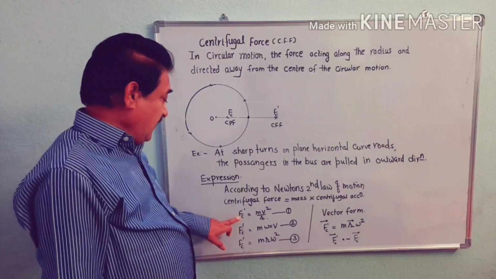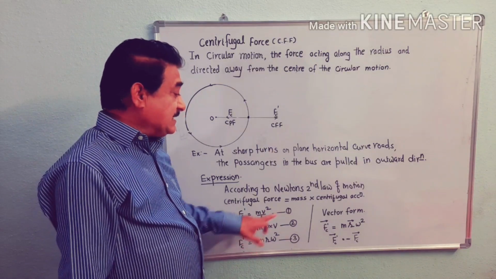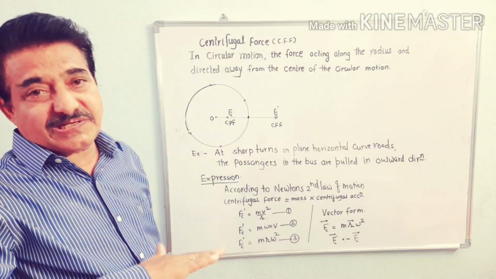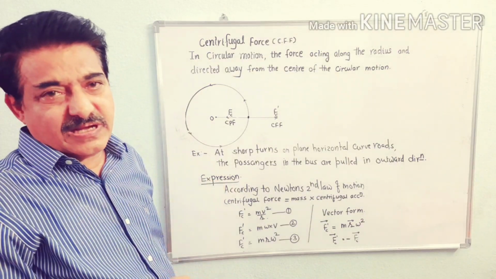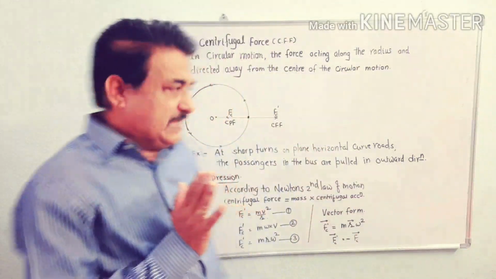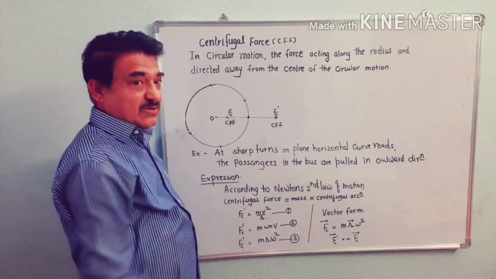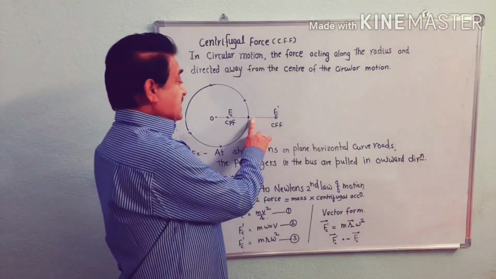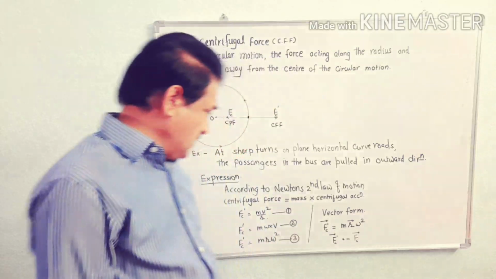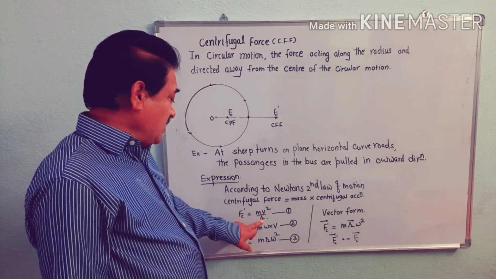So here Fc dash is equal to m v square by r, where v square by r is the centrifugal acceleration, because centripetal acceleration and centrifugal acceleration are equal in magnitude and opposite in direction. Centripetal acceleration is directed toward the center of circular motion, whereas the centrifugal acceleration is away from the center of circular motion. So here Fc dash is equal to m v square by r.